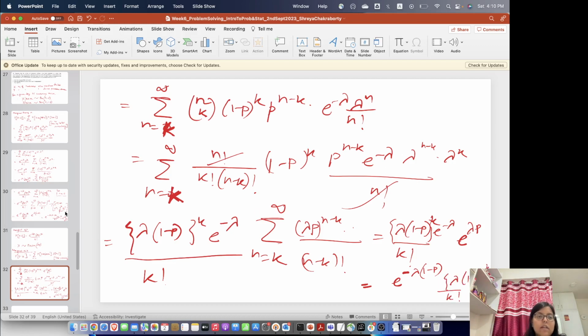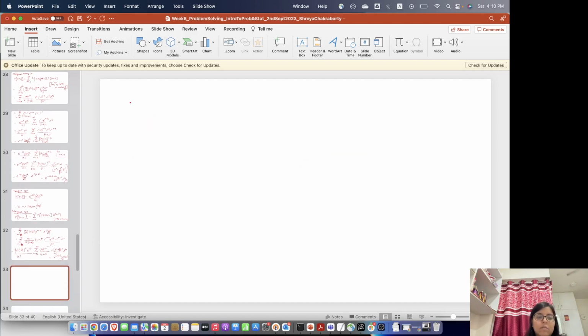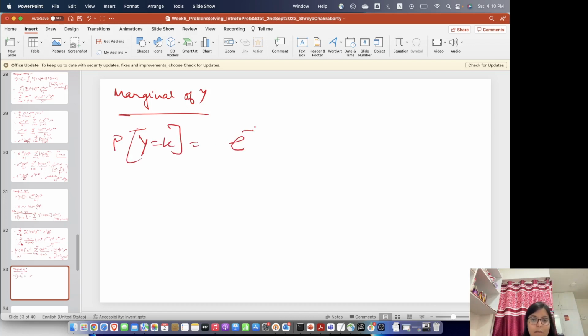So then the marginal of y, probability y equal to k, equals e to the power minus lambda into (1 minus p), lambda into (1 minus p) whole to the power k by k factorial.